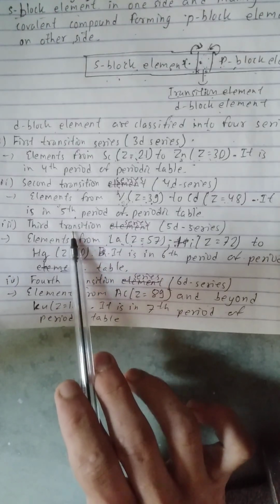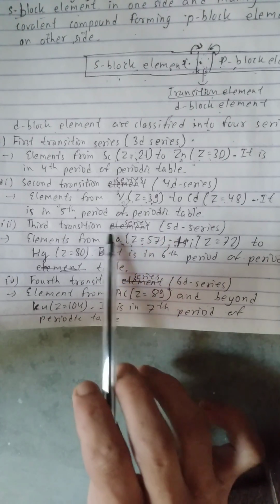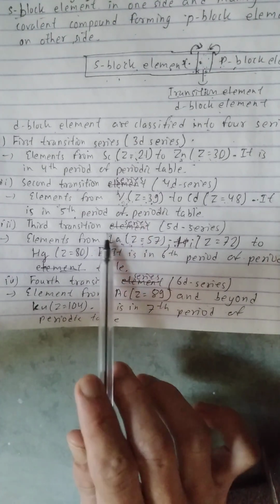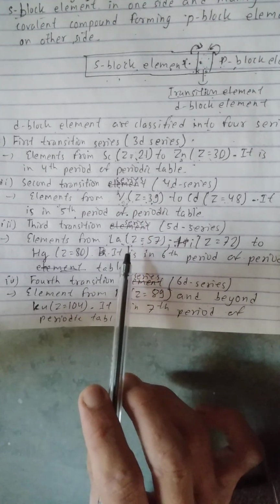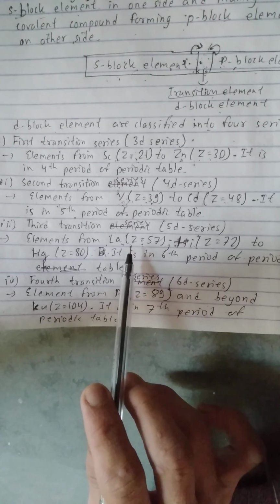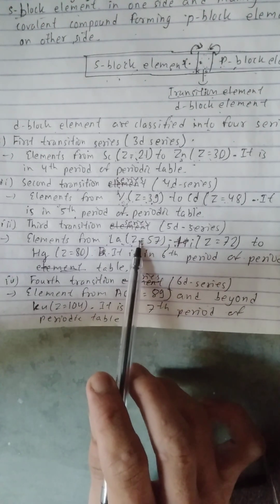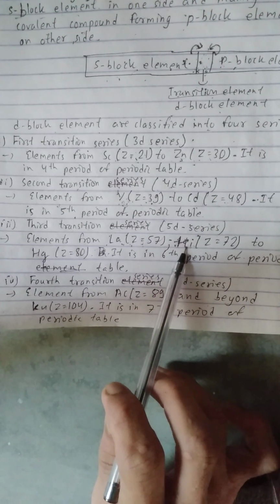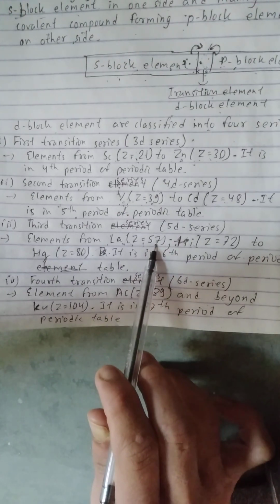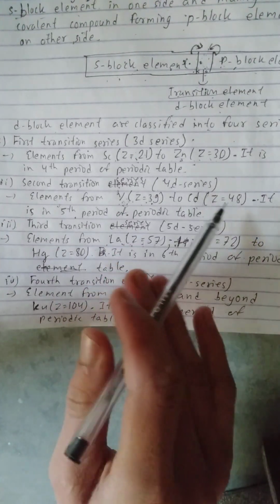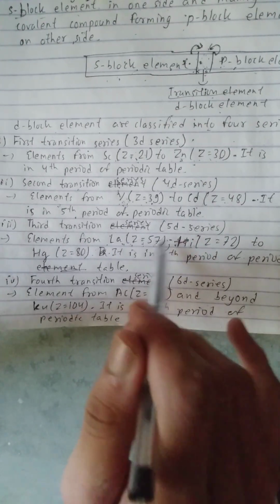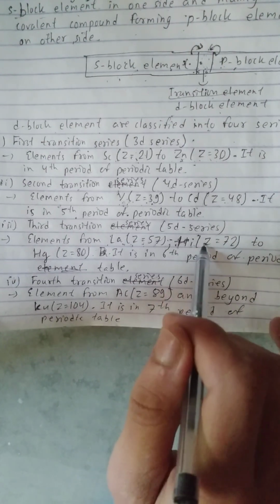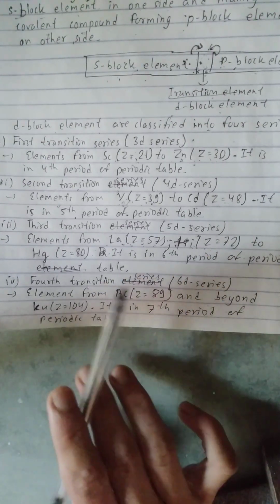And also the third transition elements, also known as the 5d series or third transition series, in which the elements start from La, lanthanum, Z equals 57. Excluding the rest of the lanthanides, we automatically go to Z equals 72, hafnium, and after hafnium up to Hg, mercury.